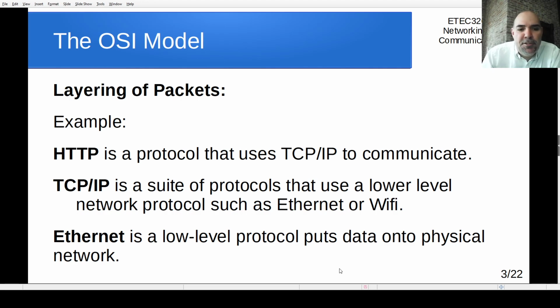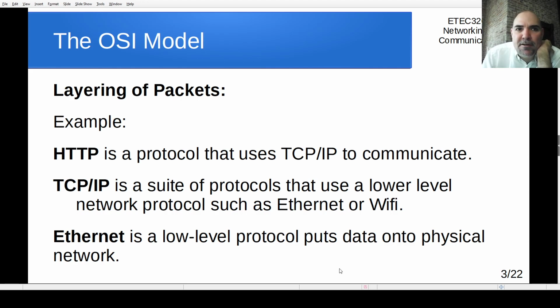For example, HTTP is the non-secure version of the hypertext transfer protocol, the language of transmitting web pages from one place to another. HTTPS is the same thing, but adds a little bit of security. Both HTTP and HTTPS use TCP/IP to communicate.